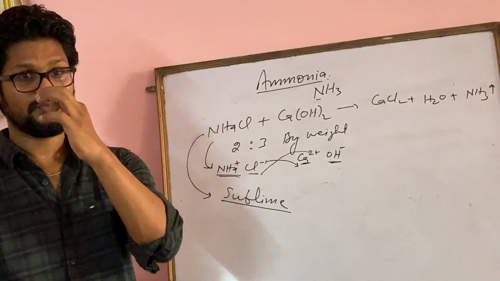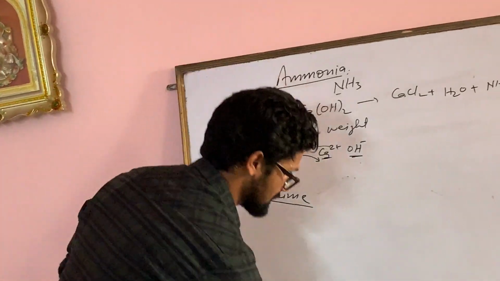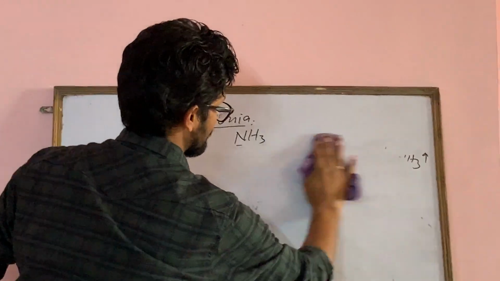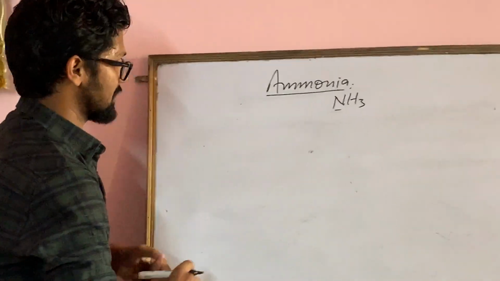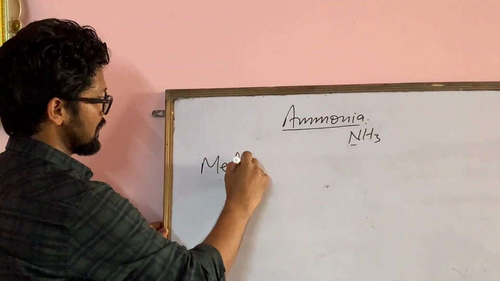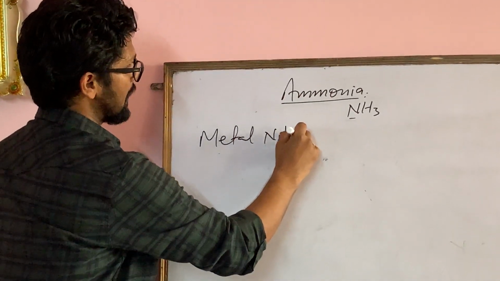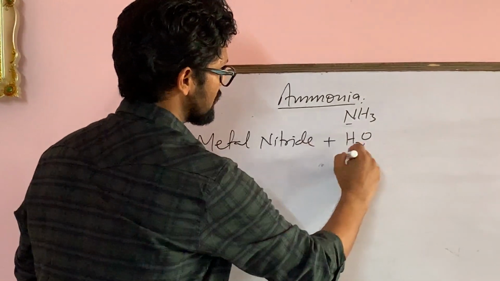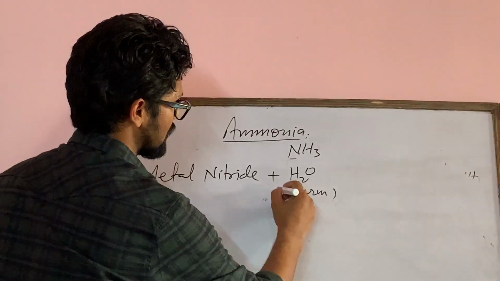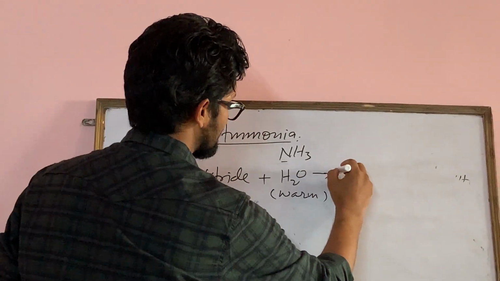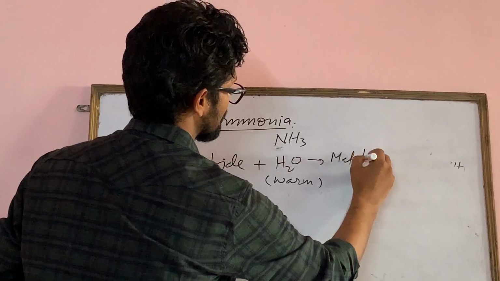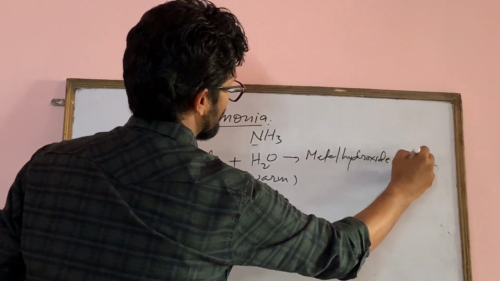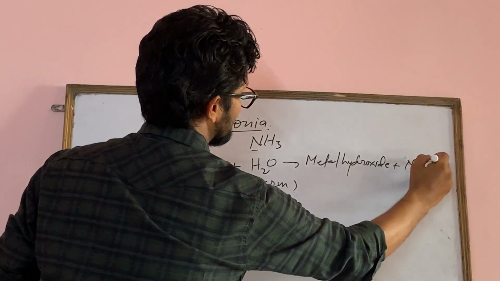One more method is given for the laboratory preparation of ammonia: instead of taking ammonium chloride, you can take metal nitrides. When metal nitrides react with warm water, they always give metal hydroxide plus ammonia gas.